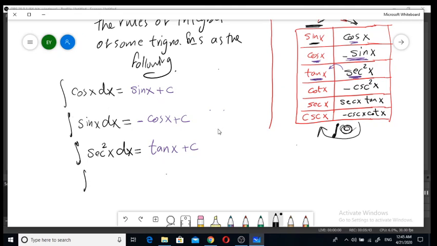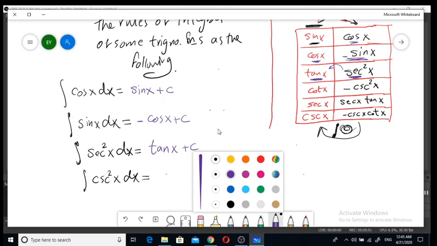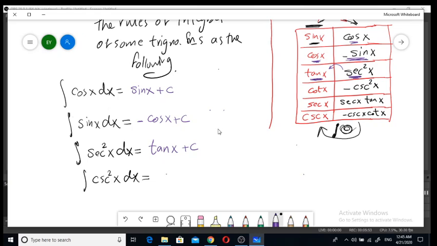If we integrate the function of cosec squared x with respect to x, the derivative of cotan x is equivalent to negative cosec squared x. So if we integrate cosec squared x, it's going to be negative cotan x plus c.